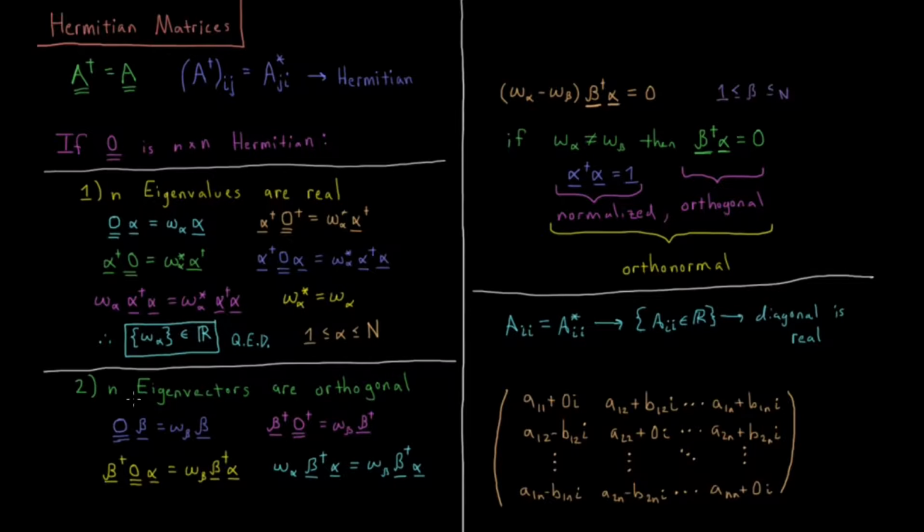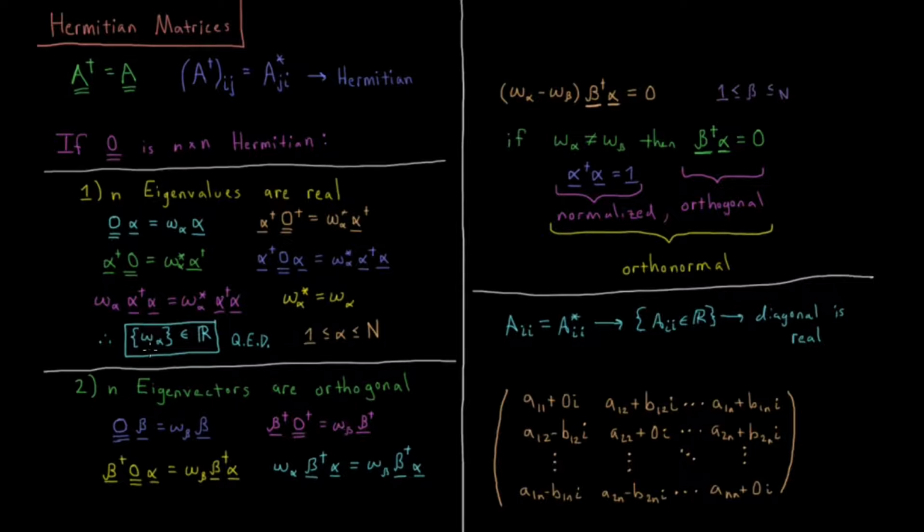All right, the second useful property of Hermitian matrices is that the eigenvectors are going to be orthogonal. So if we have O acting on beta equals omega beta, also the definition of being an eigenvector and the eigenvalue associated with that eigenvector. Similarly, take the adjoint of both sides: beta dagger O dagger equals omega beta star beta dagger.